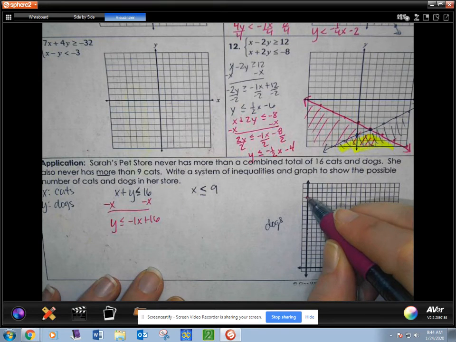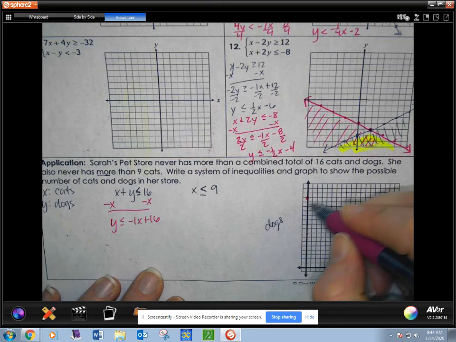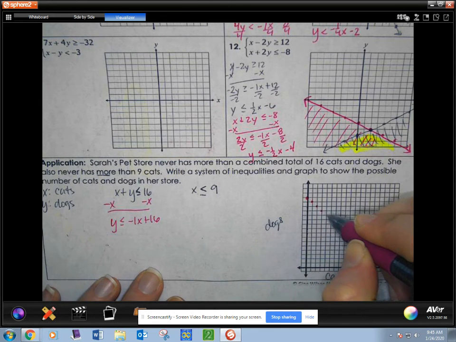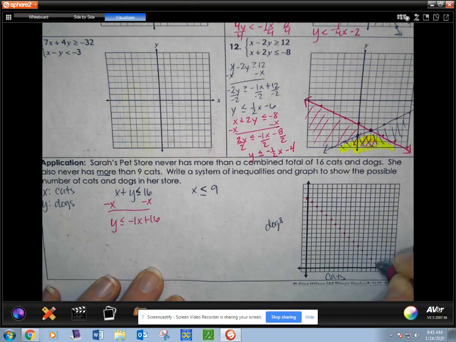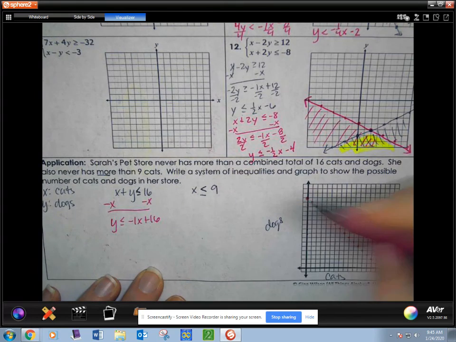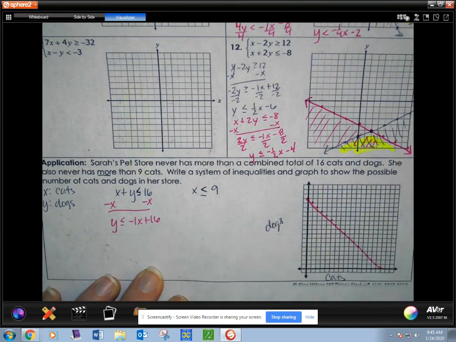Here is 16. Okay, and negative 1 tells me to go down 1, right 1, so I'm doing that, down 1, right 1. This is a solid line, so I draw it. And I want to shade below, so this side of the line.